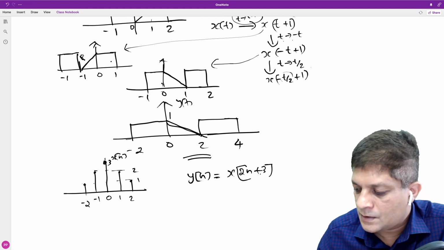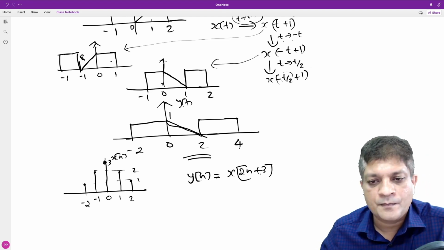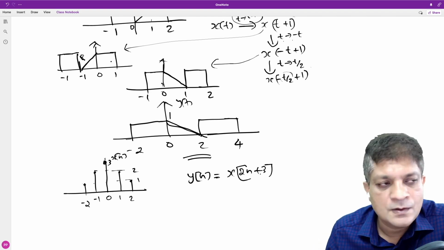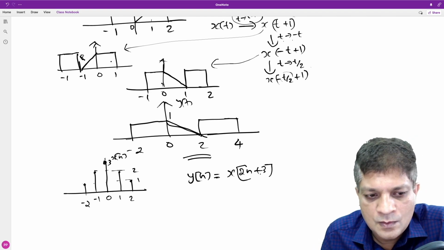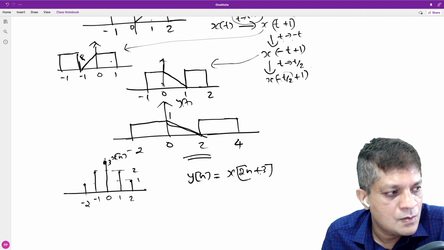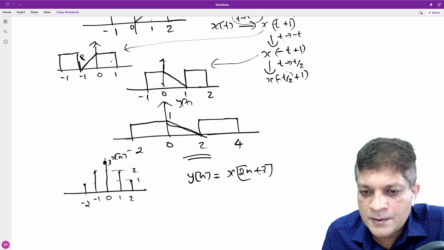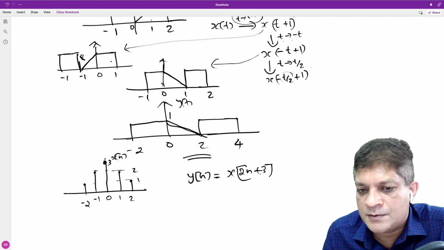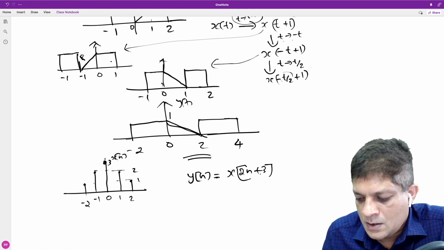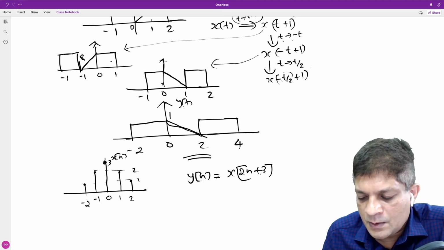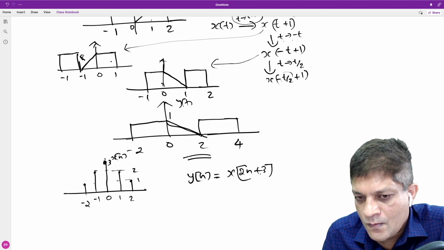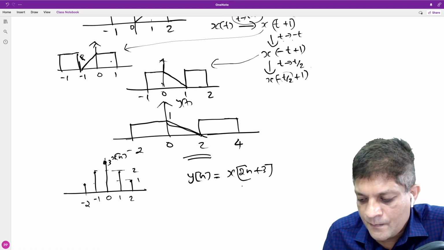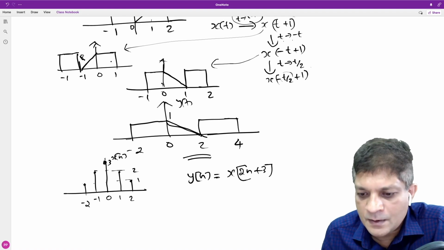How many operations are there in this case? There are two operations: time scaling and time shifting. Can we do it in any order? No, there is a problem here.